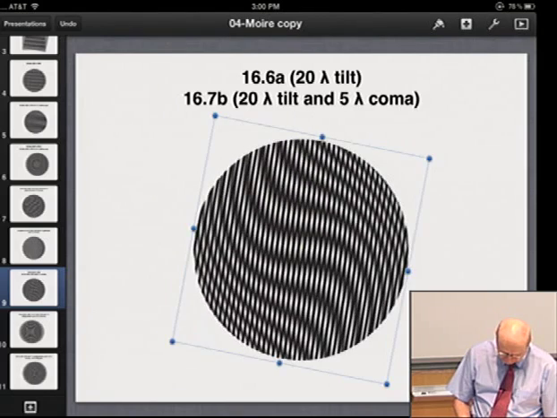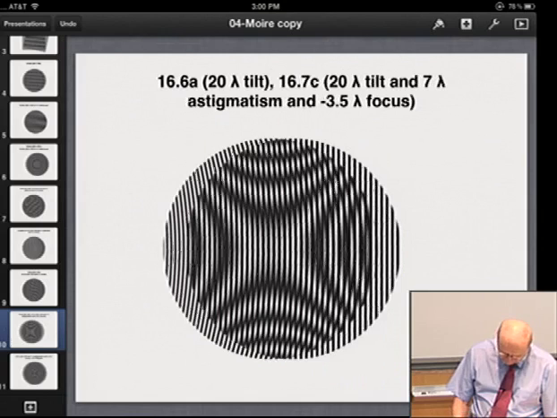So on. 20 of tilt and another one, 20 of tilt, 7 of astigmatism, minus 3.5 of focus.